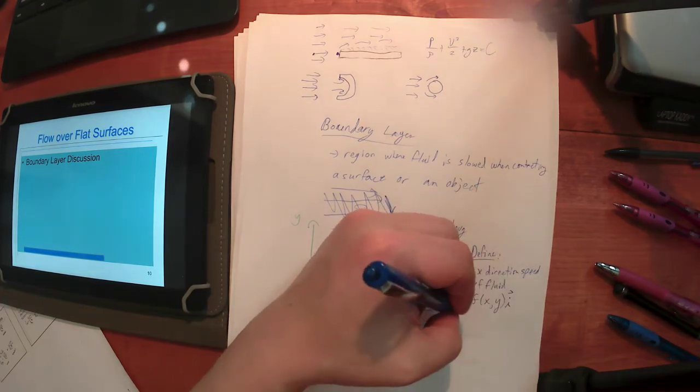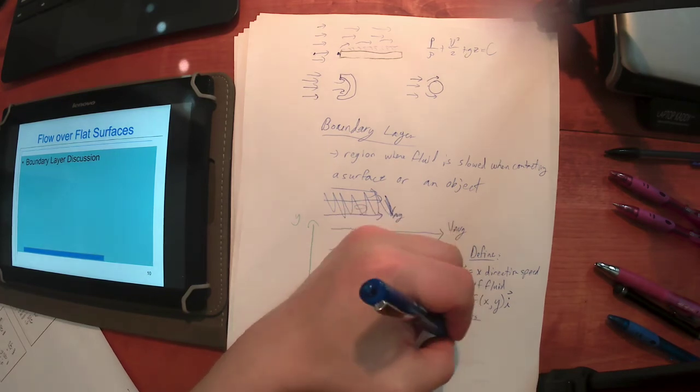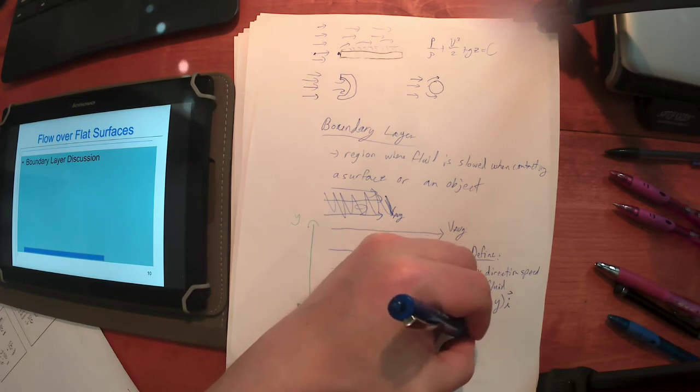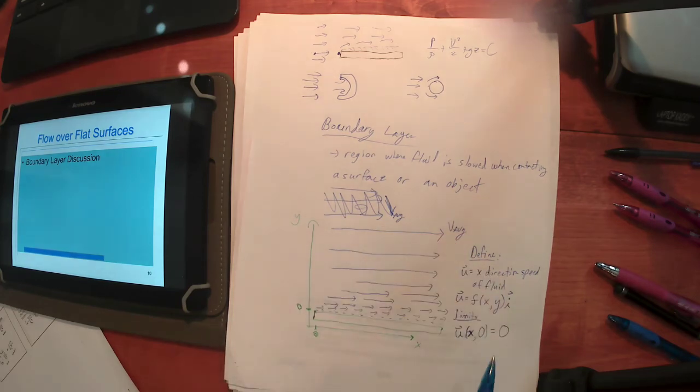Now, there are some limits on this we can establish. If I find the u value at any x value but a y value of 0, that's the no slip at the wall condition. So I'm saying out here at y equals 0, the fluid does not have any x direction speed. It really doesn't have much speed at all, but definitely no x direction speed.